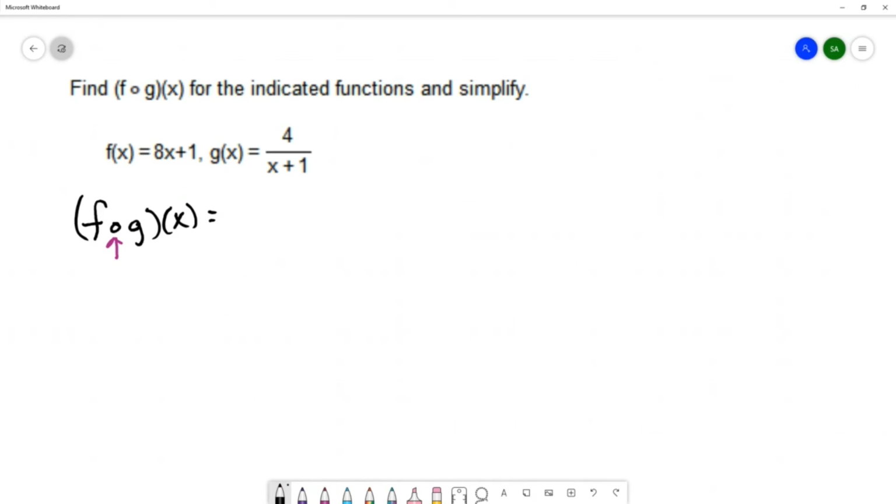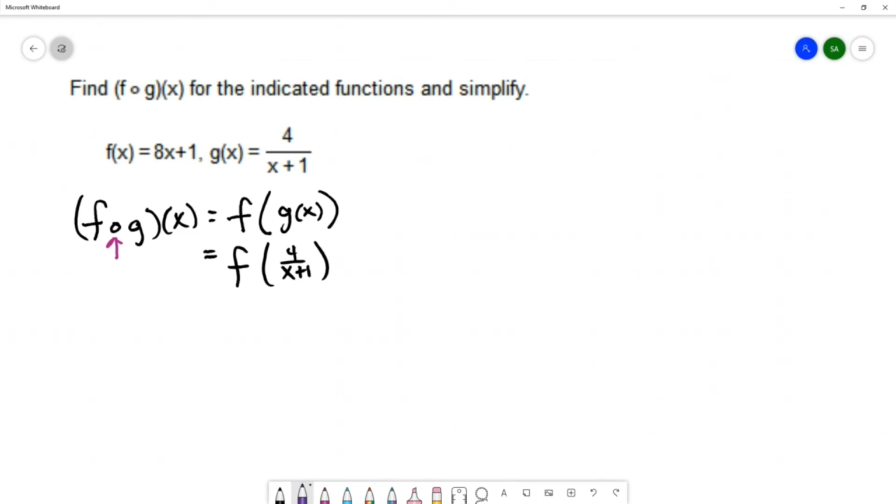We take the function in front of the composition symbol, our outside function, and the function behind it, our inside function, and do that substitution. So for this example, we're substituting g of x, which is 4 over x plus 1, into f.